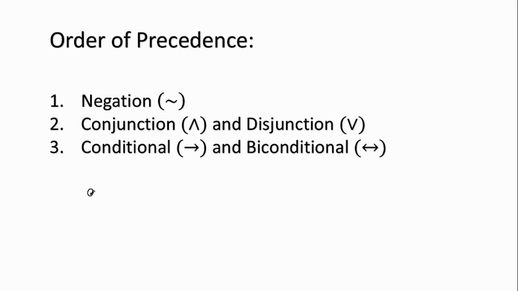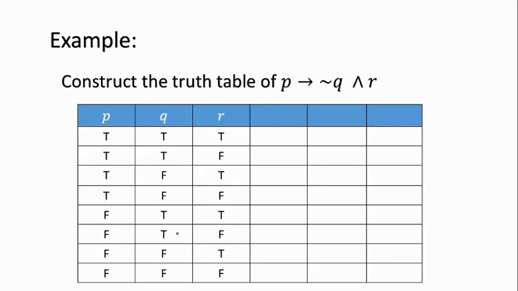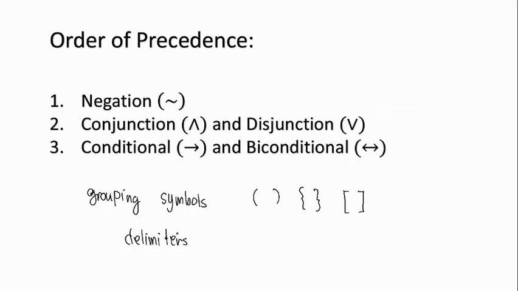The grouping symbols, parentheses, braces, or brackets, are otherwise called delimiters. So in situations like these, we use the order of precedence to determine which operations will have to be done first.